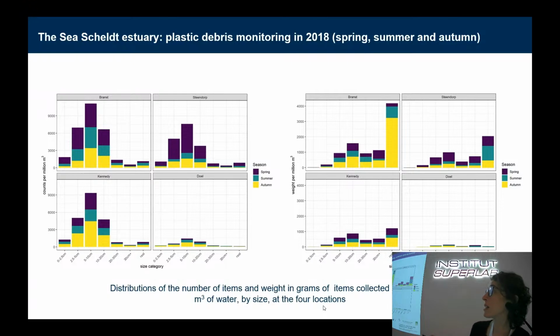Here you can see the distributions, and I think you already know that counting the particles and weighing them do not give the same results. This is what we have to deal with in microplastic research, because we have particles which are almost 1 millimeter, and also particles which are 1 micrometer.